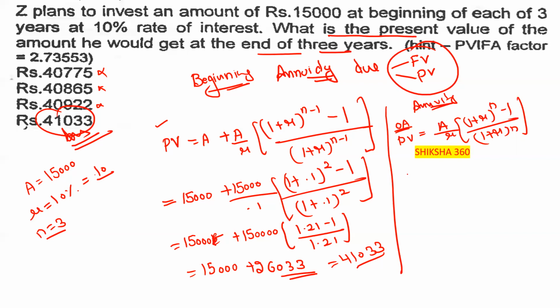And the future value is equal to A upon R into 1 plus R power n minus 1. Here they have given the PVIFA factor.